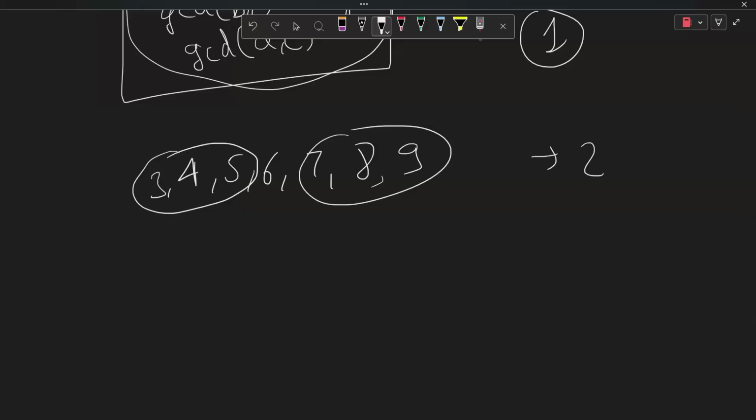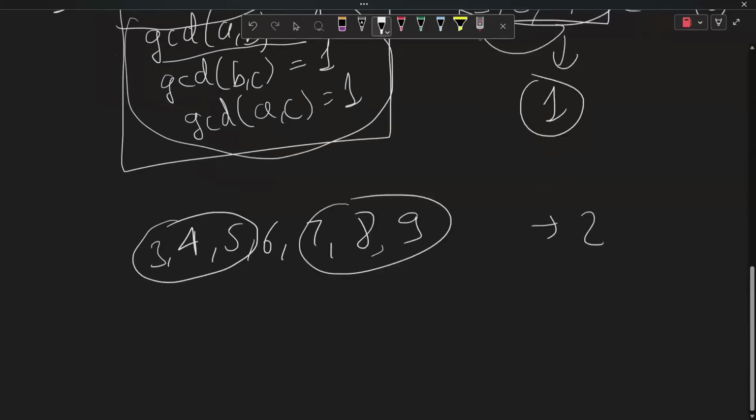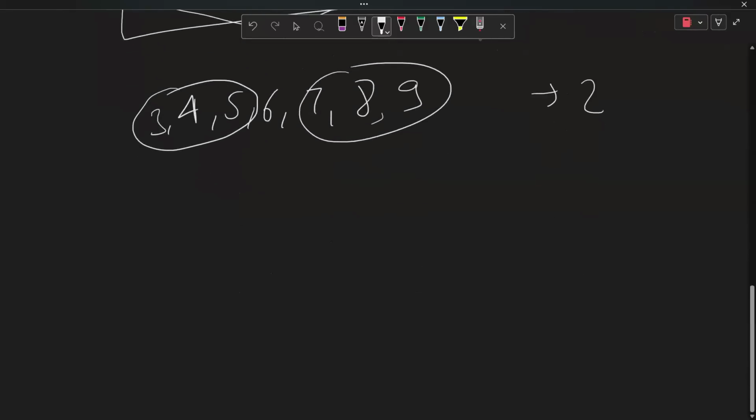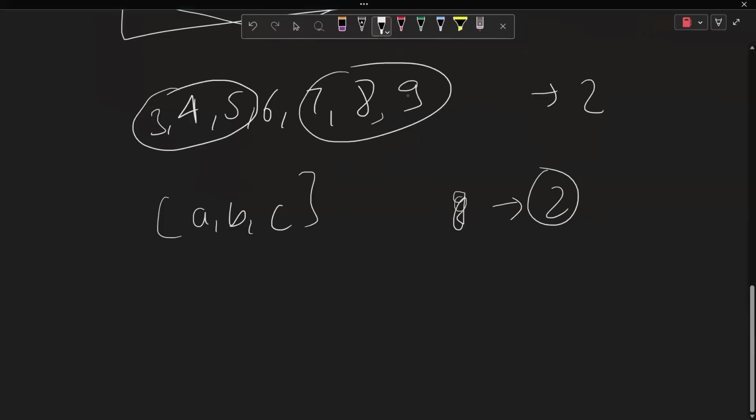You need to find what all three integers you can pick. So first thing is, if in your a, b, c, two of the integers are even, then for any two even integers, their GCD would be 2. They won't be co-prime.